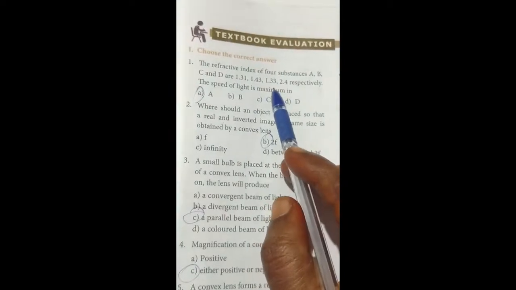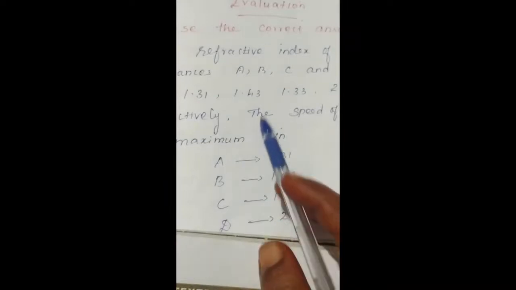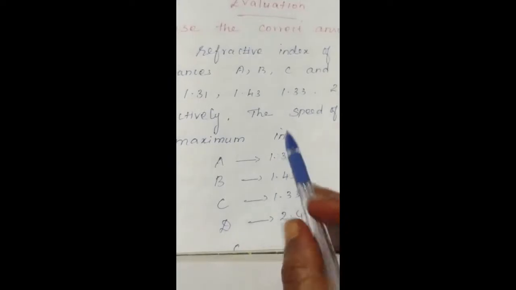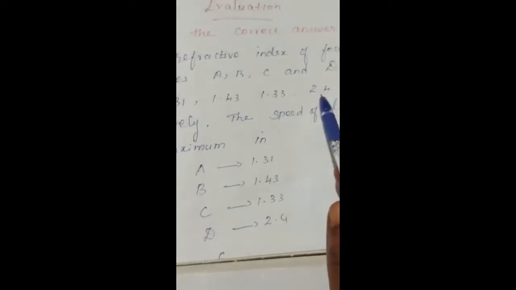So how to find this value? Listen here. First you have to write the four media A, B, C and D, and in each the refractive index value. For medium A 1.31, medium B 1.43, medium C 1.33 and medium D 2.4.